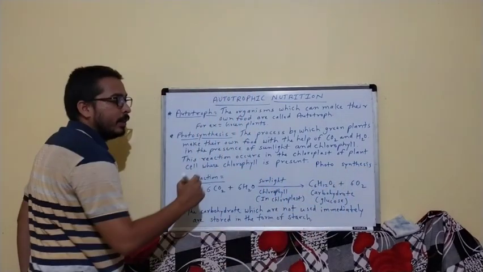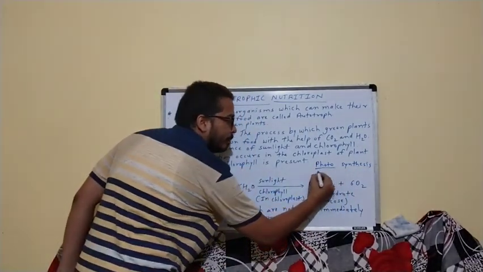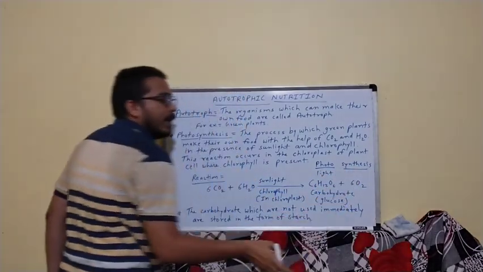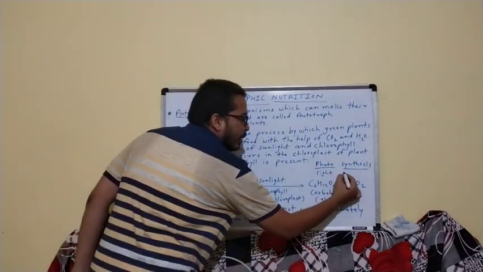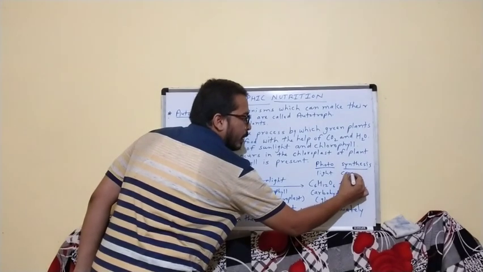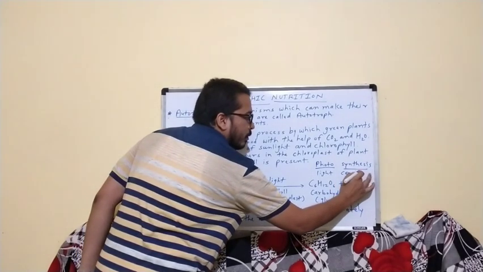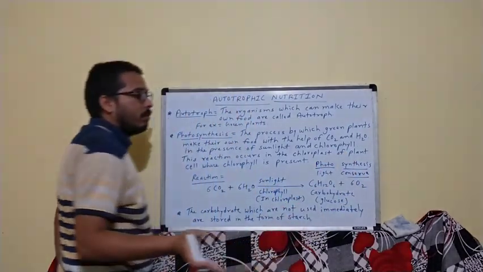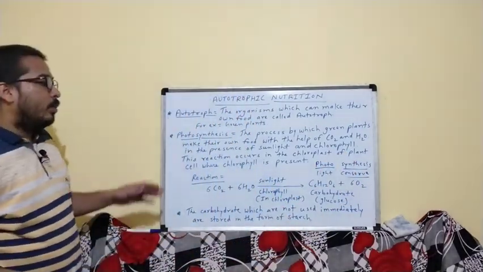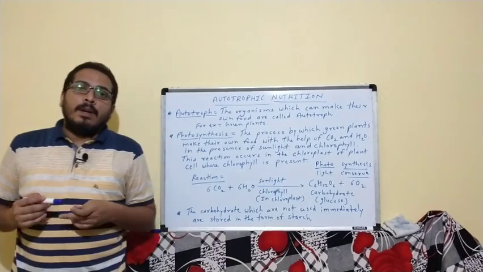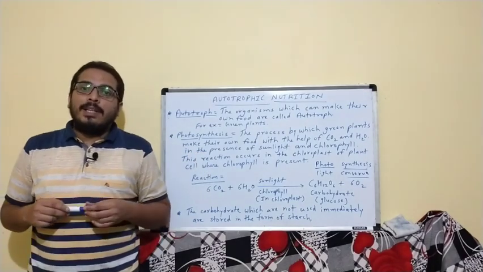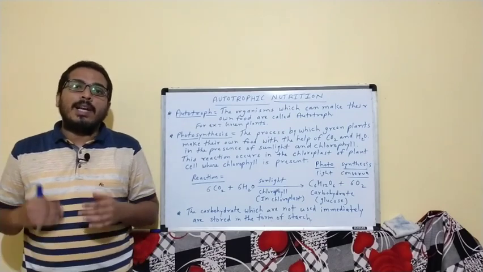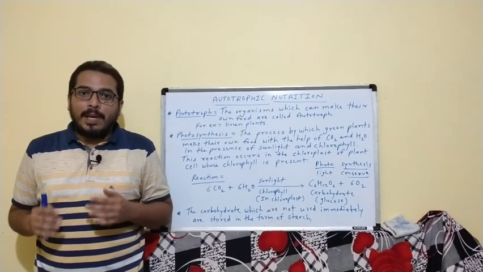Photo means light and synthesis means conserve or store. So in this process light is stored, and this sunlight is used to make the food.